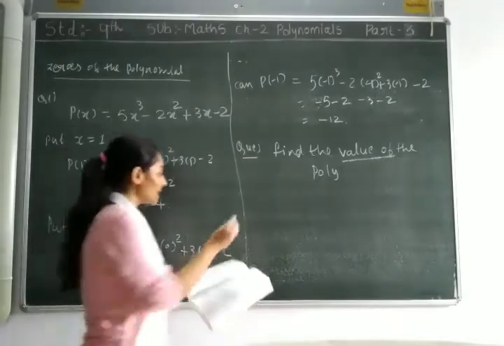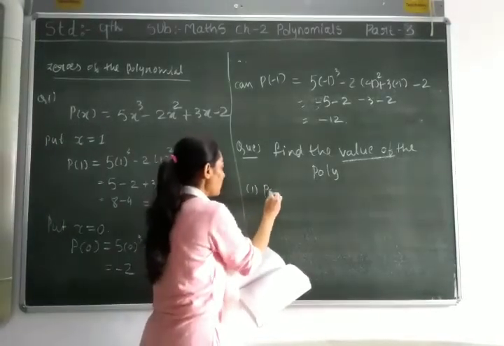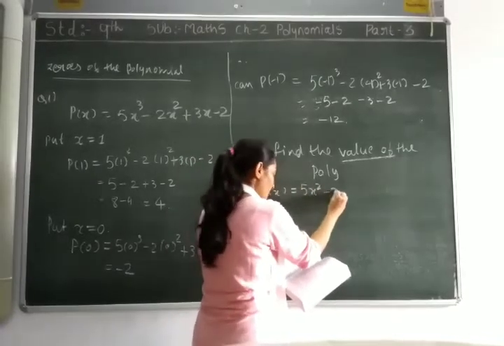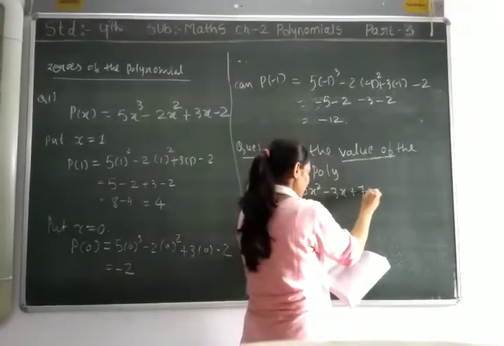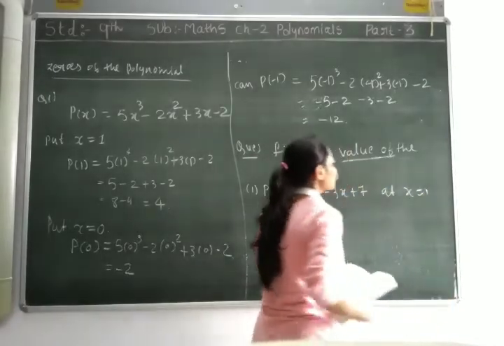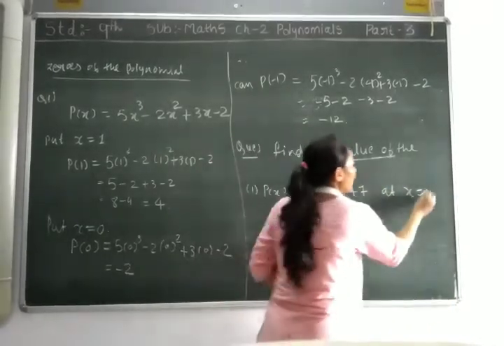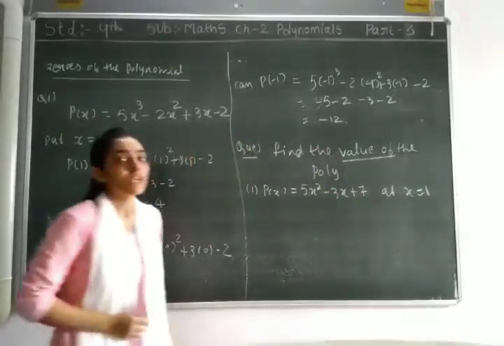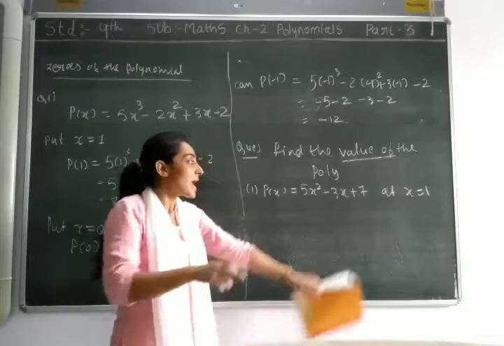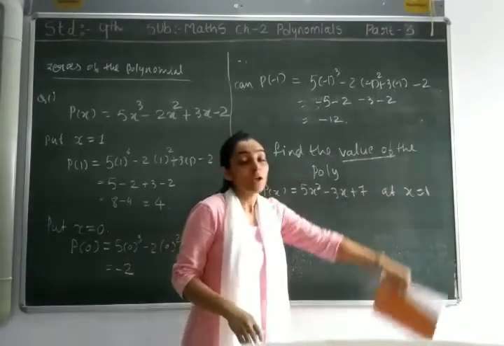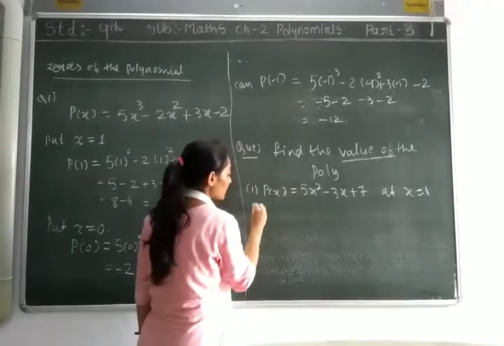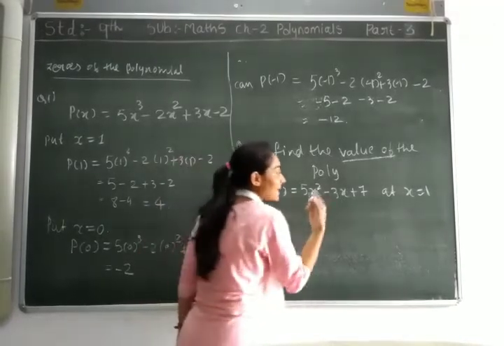The question says p of x equals to 5x squared minus 3x plus 7 at x equals to 1. It means we have to find the value of p of x at x equals to 1, not x. P of x. So replace this x with 1.